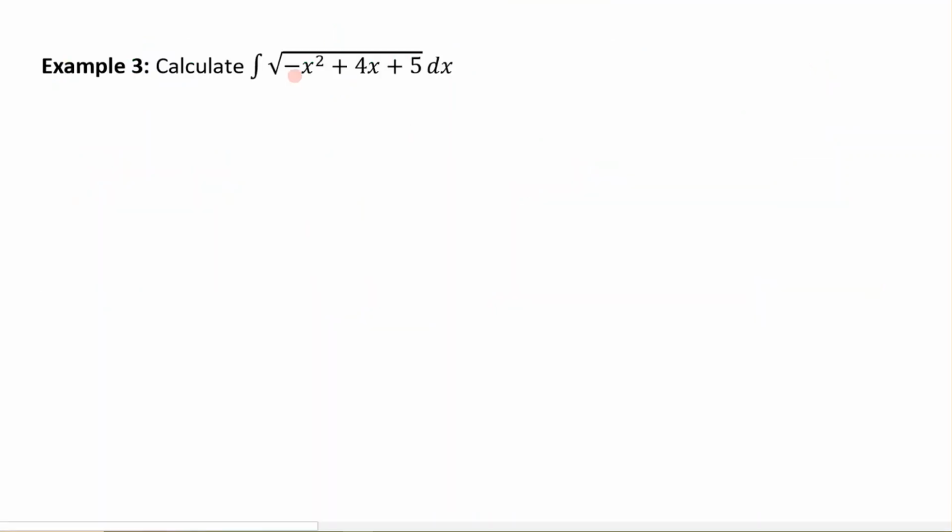So we are given this: find the integral of square root of negative x squared plus 4x plus 5. Our intuition says that we should make it look like square root of a squared minus x squared, because here we have a negative in front of x squared. It means we need to take help of the complete the square method first.